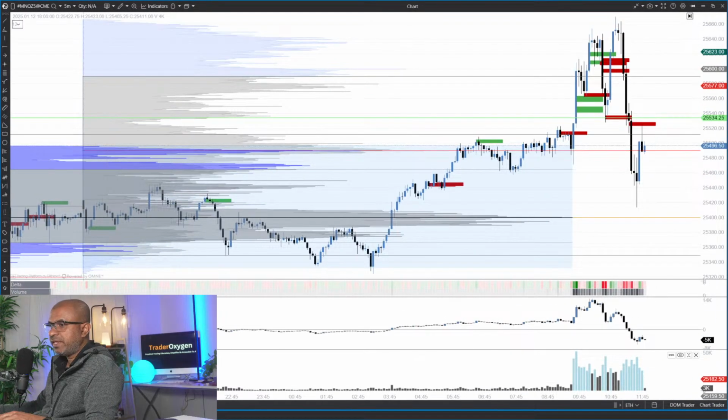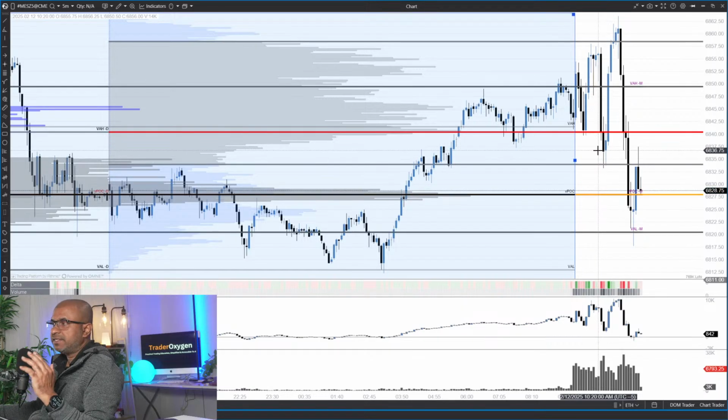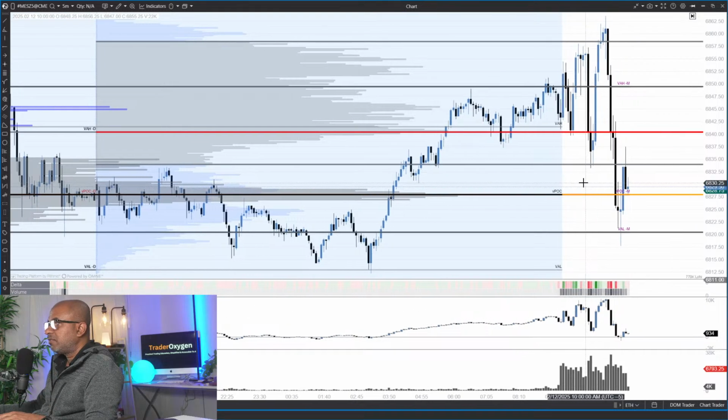If I take you to the S&P 500 5 minute chart, this is the S&P 500 in that value area high. It's not showing a bullish sign at that time, at 10:30 New York time. In fact, it's showing bearish signs, and bearish cumulative volume delta.